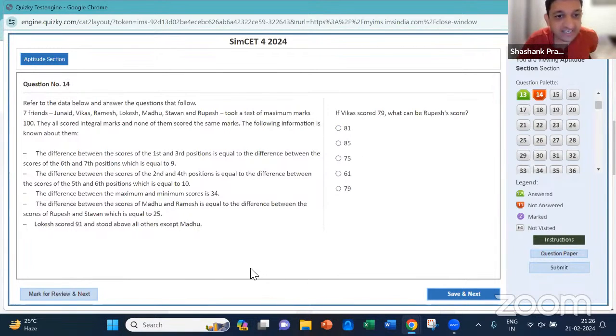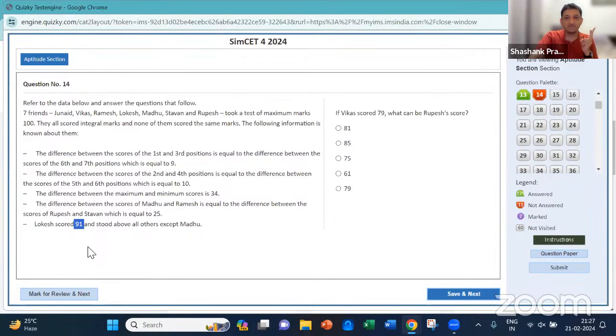If Vikas scored 79, Vikas scored 79. Where did Vikas go? We don't know where he is. What can be Rupesh's score? So 91, 81 is definitely there. 79 I'm assuming will be rank 5. So Vikas is rank 5, let's say. So what can be Rupesh's score?